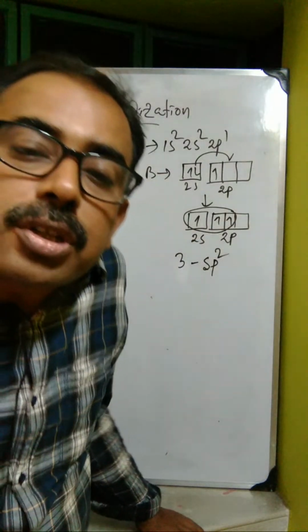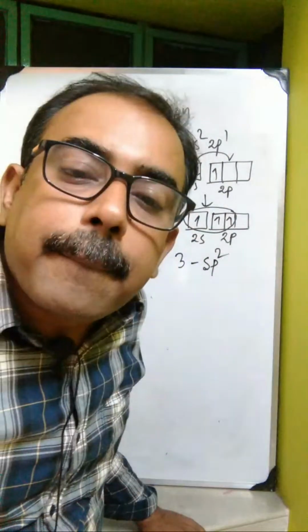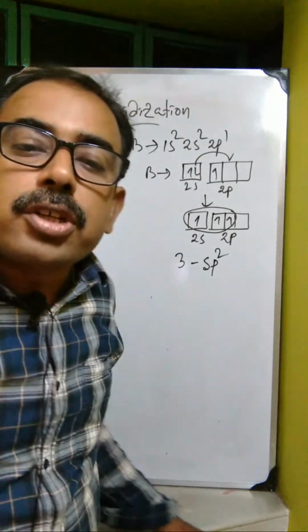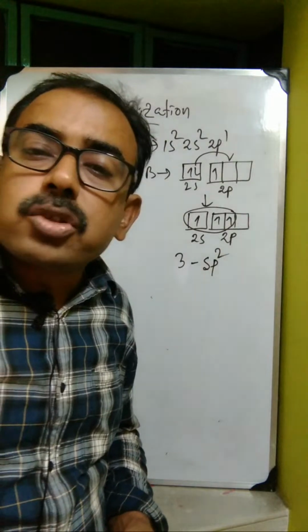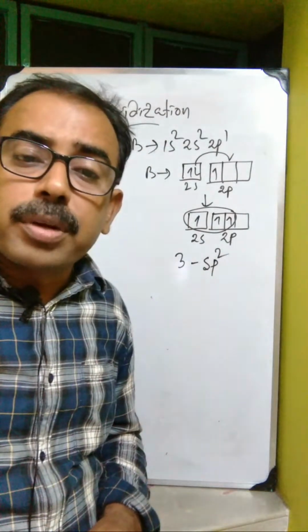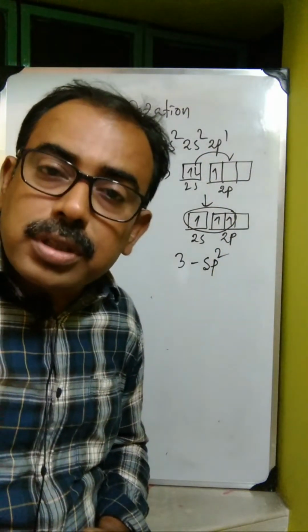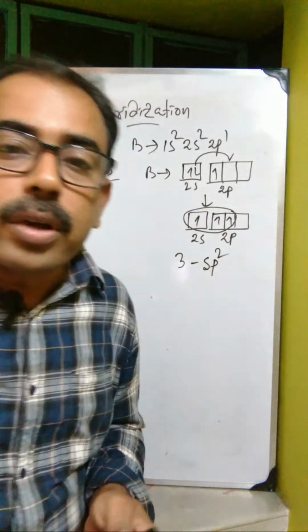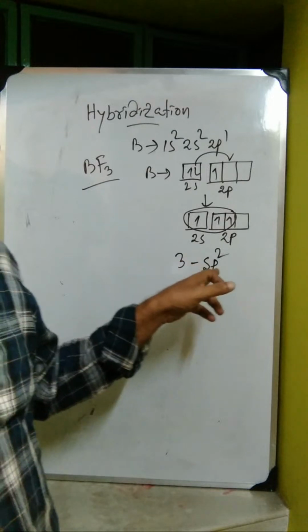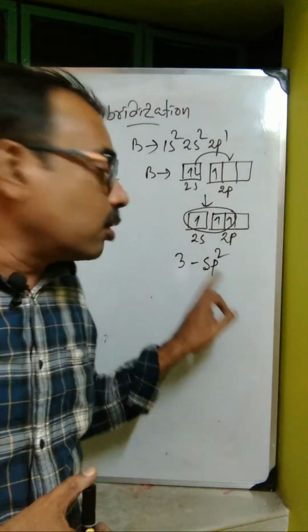Now after formation of these 3 sp2 hybridized orbitals, they will expose themselves around the central atom boron. Okay, now in which manner? It will depend upon the state of hybridization.